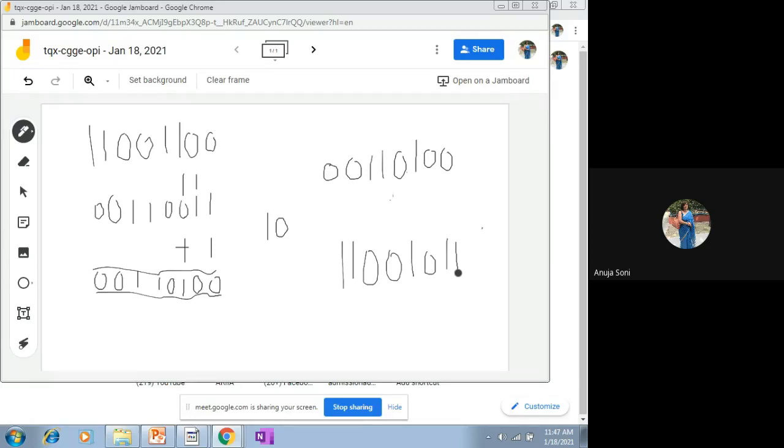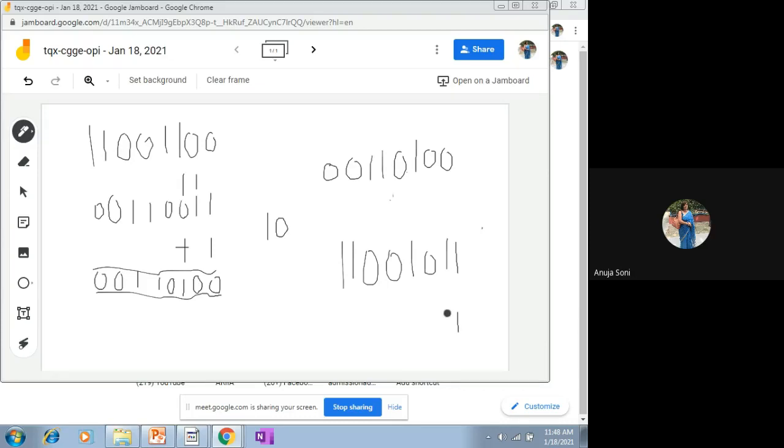In the direct method, what I have told you is that we have to begin from the extreme right hand side, and as and when the very first one is met, we have to copy the number till that point. So at the first location only we got the value of 1, so we have to copy this one as such, and afterwards whatever are the digits, we have to go on inverting those digits.